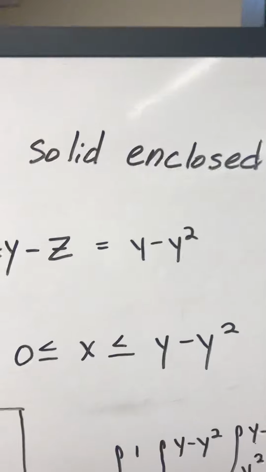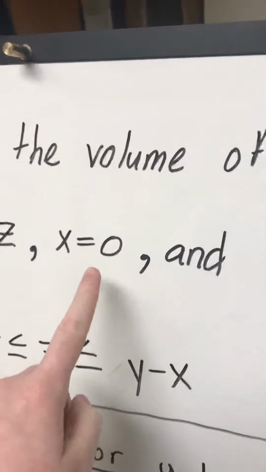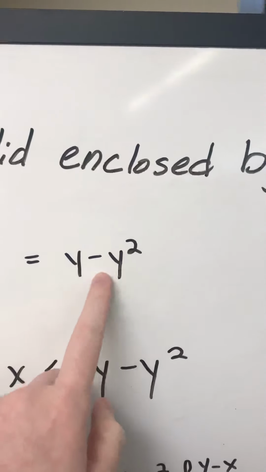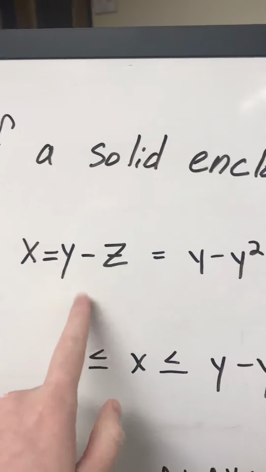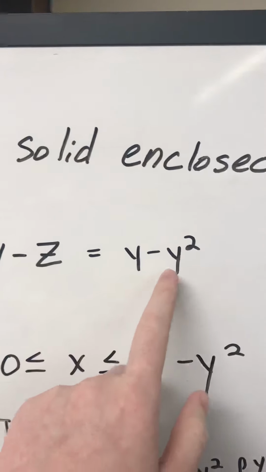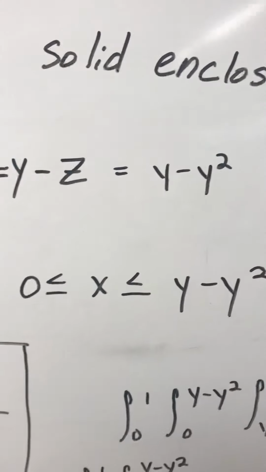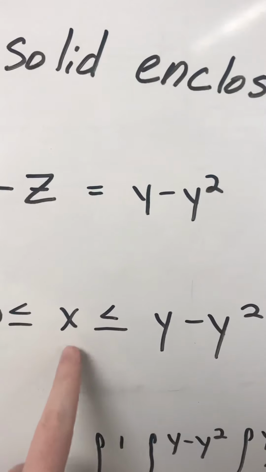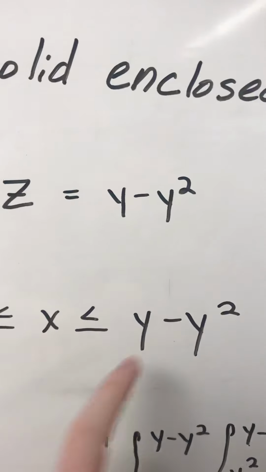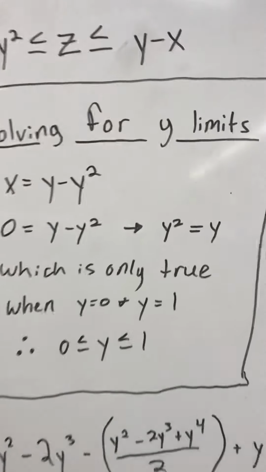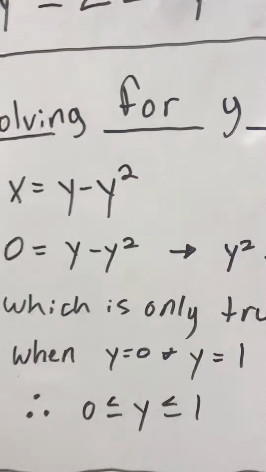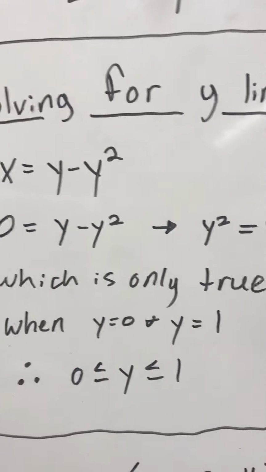And then we see that x is going to be bounded by 0 and y minus y squared, because x equals y minus z, which also equals y minus y squared, because z equals y squared. Which means we're going to be integrating in terms of x second because it has a function of y. And now solving for our y limits, we see that x equals y minus y squared.